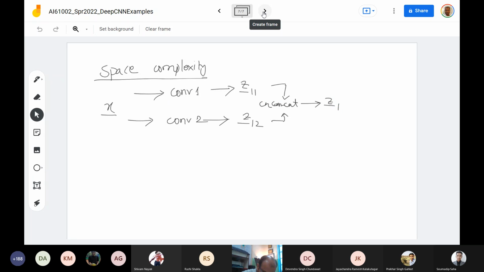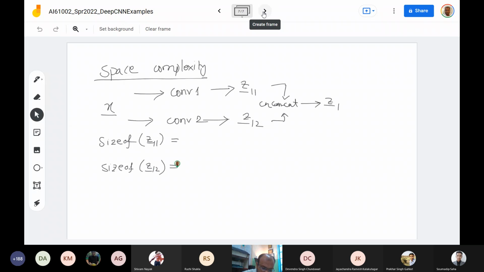Now, can you tell me what will be the size of Z11, size of Z12?